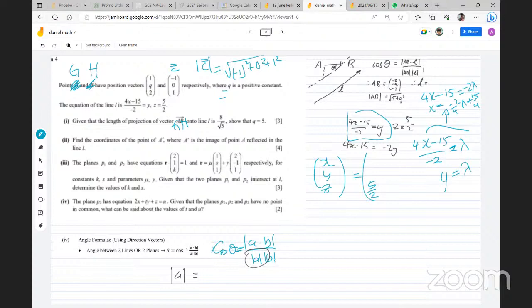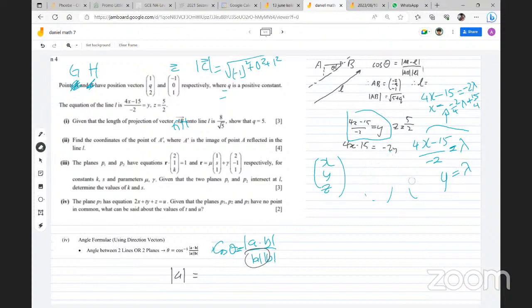So then I'll put 15 over 4 here, because remember that's x, and then it's plus minus half, plus constant of the line lambda.